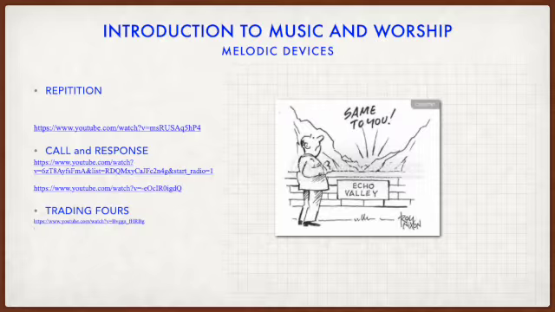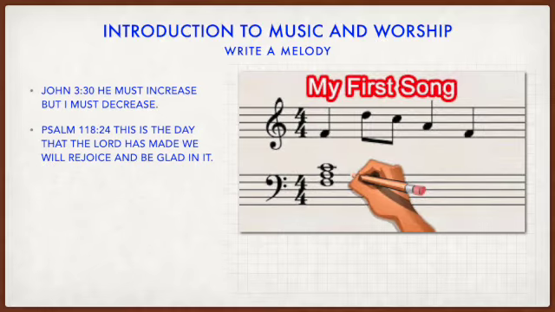Intervals are the distance between the pitches, measured by half steps and whole steps. And then the 3 melodic devices we looked at were repetition, question and answer, or call and response, and trading fours. So now for your assignment, dun, dun, dun, I want you to make up a song.